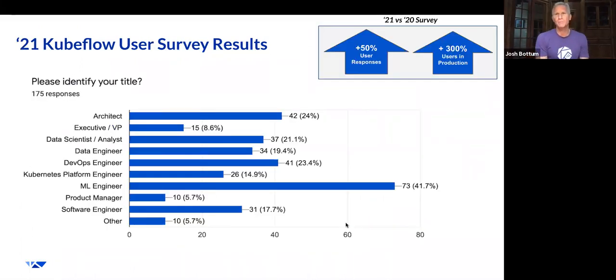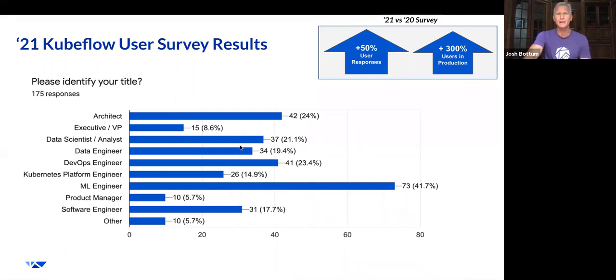Just a quick update on how we got to Kubeflow 1.3, our 11th release. Every year we do a user survey. This survey has been consistent in that the majority of people replying year over year have been machine learning engineers and architects.